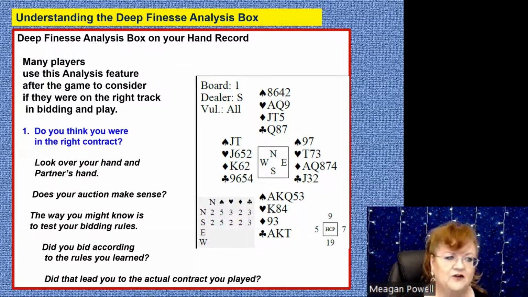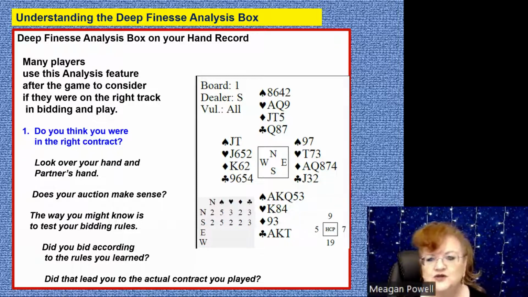Now, many players use this analysis feature after the game to consider whether they were on the right track for their bidding and for their play. So one of the things that players do after they finish a hand, they look at this deep finesse box and they ask themselves, were we in the right contract?